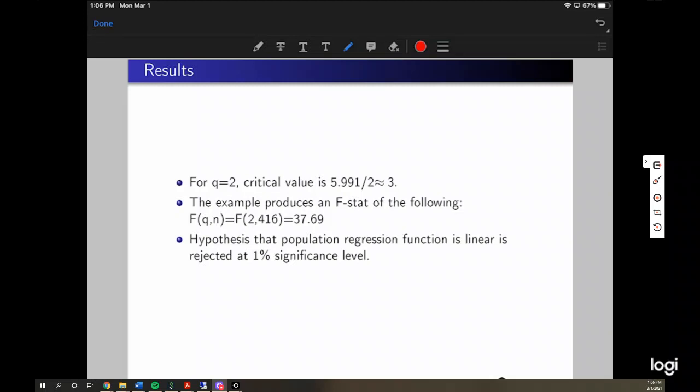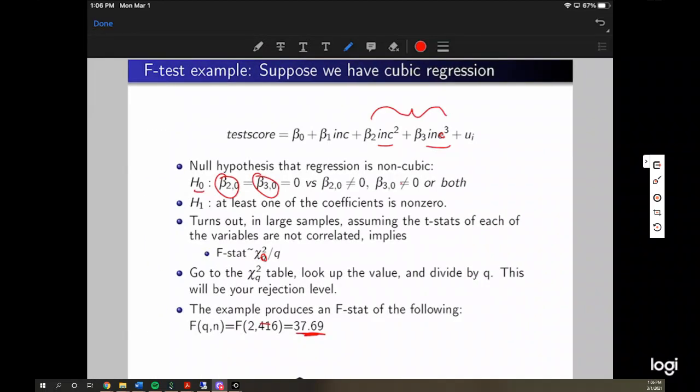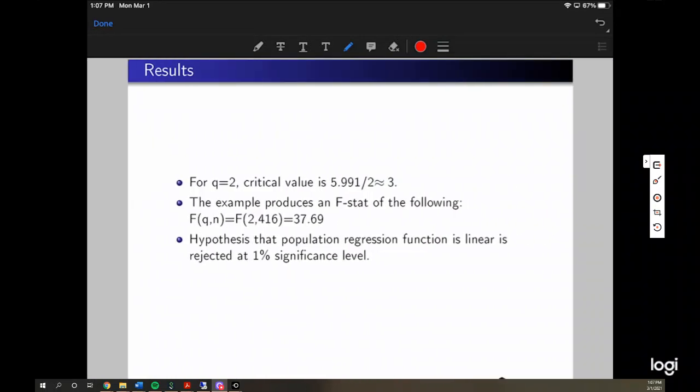We're going to divide that by 2 because the F-stat is distributed chi-squared with q degrees of freedom divided by q. So that's roughly equal to 3, so our critical value is roughly 3. And remember the F-stat in this example is 37.69, so our rejection rule: reject if the F-stat is greater than the critical value.